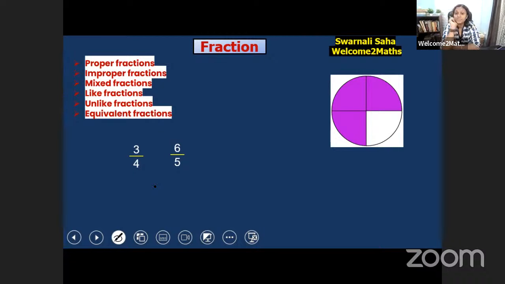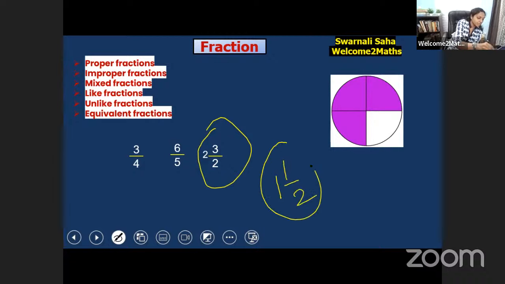And another is the mixed fraction. What is a mixed fraction? Can you tell me? A mixed fraction means there are two parts: one is the whole number part and the other is a fraction. These two parts together are called a mixed fraction. 2 and 3 by 2, just like 1 and a half.